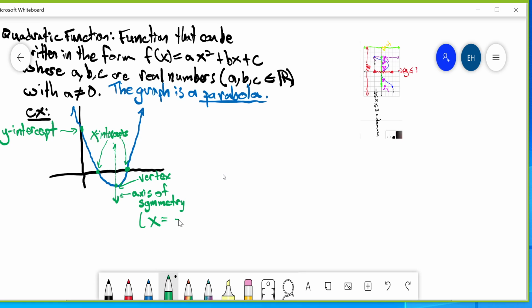I'm not going to do this too much in this class where I just give you an answer. But at this particular point in time, I'm going to give this to you, and we're going to later come back and figure out why the axis of symmetry is the line x equals negative b over 2a.